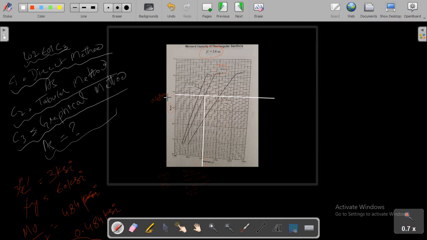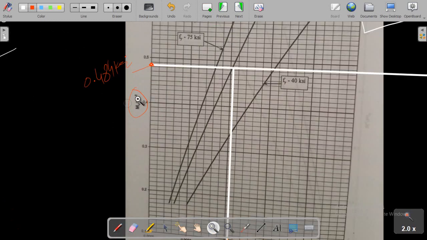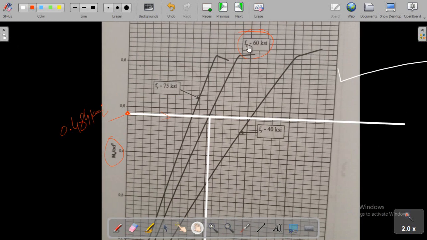In C3 we used this graph. We choose a point right here because we know the value of Mu divided by bd², and we draw a straight line in this direction to the right. We choose the curve according to fy, because we know this value.